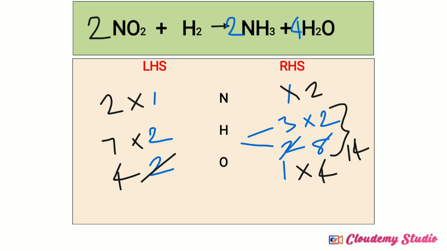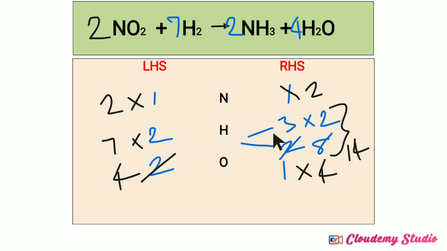This 7 we need to write as a coefficient for this hydrogen, that is 7 times hydrogen. Now when we check that, nitrogen on both the sides, the number of atoms is 2.